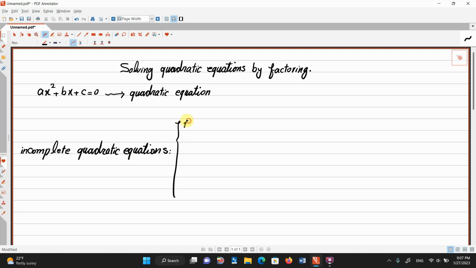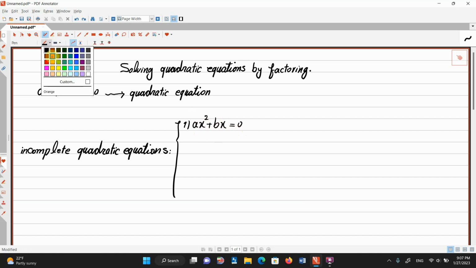The first group are these equations: ax squared plus bx equals 0. In these equations, the constant term, this c, is not available, or that is 0. Therefore, the first group of incomplete quadratic equations include the quadratic term and linear term, but they don't include the constant term.